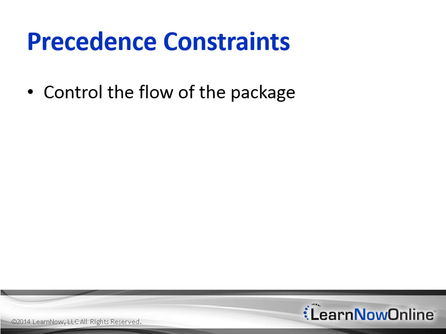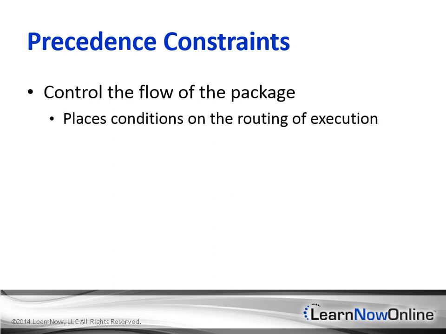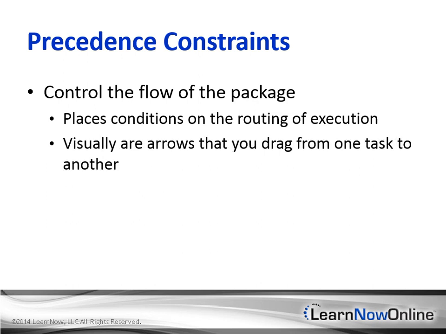All right, next up is precedence constraints. Precedence constraints let you control the flow of your package by placing conditions on the routing of execution through your control flow. Visually, precedence constraints are the arrows that you drag from one task or container to another in a control flow, and which tie the execution of the first task or the container to the next.